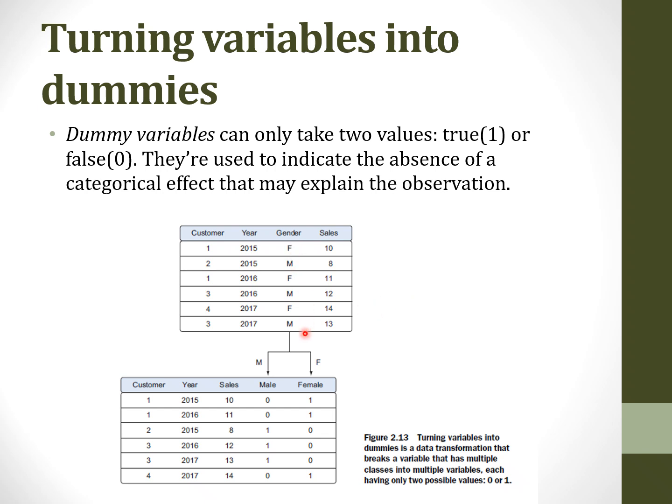So we can have two different columns called male and female. If the value is female, then female will be 1. If the value is male, then male will be 1. Like that you can have dummy values to represent true and false values in a table.